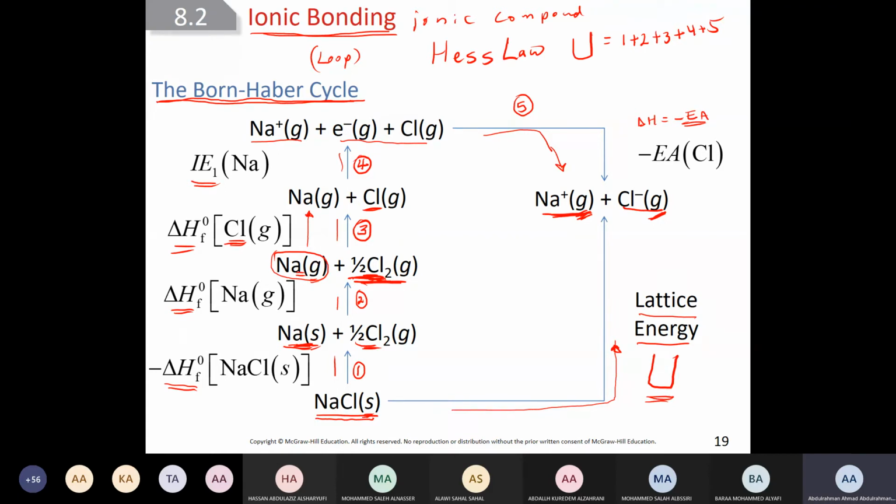The energy to go either way is the same. That's why U is equal to reaction 1 plus 2 plus 3 plus 4 plus 5.